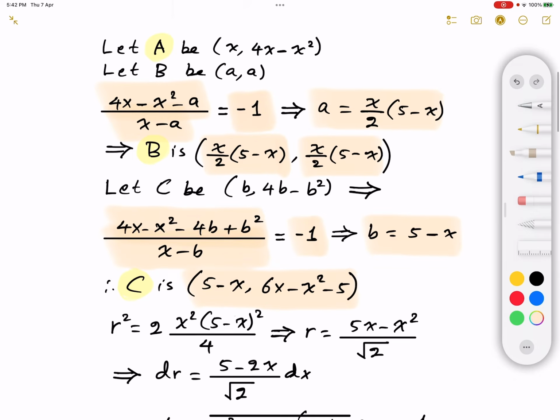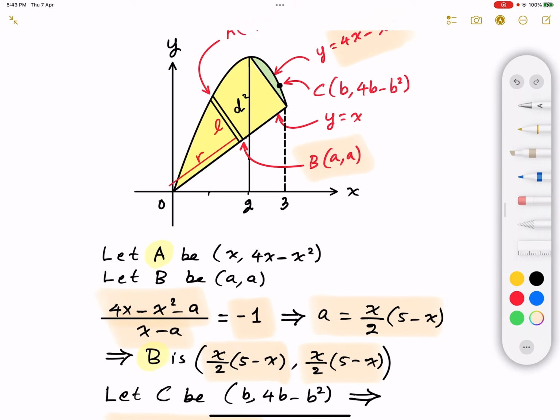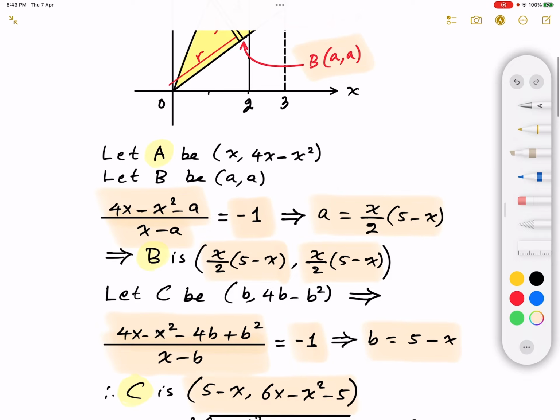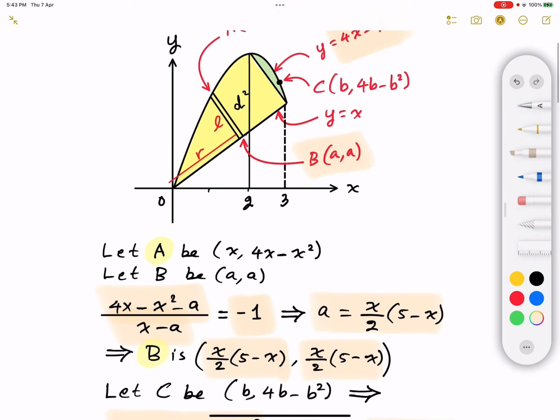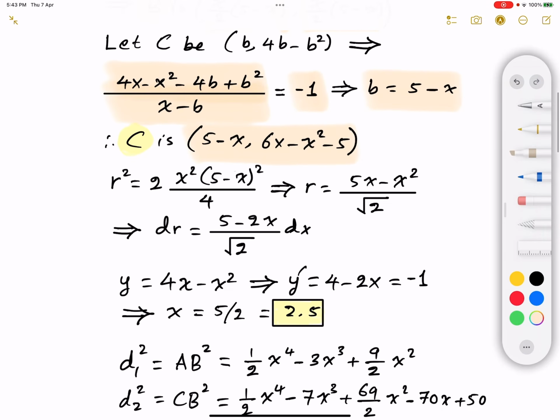So now we can calculate basically the radius of revolution in the yellow region. If we call it R, what is R? R is basically the distance between the point B, which is moving, by the way, and the origin. If we calculate that, R squared is going to be equal to twice x squared multiplied by 5 minus x all squared divided by 4.